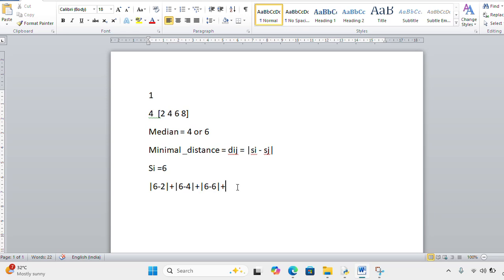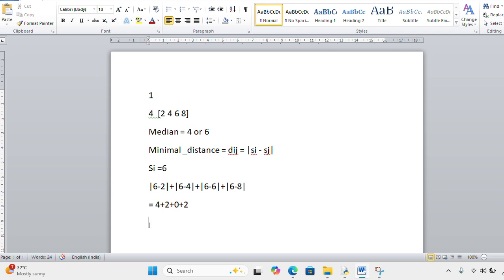plus 6 minus 8. Okay, so let's see what the answer is. 6 minus 2 is 4, plus 6 minus 4 is 2, plus 6 minus 6 is 0, plus 6 minus 8 is minus 2, but we don't have to consider a negative value here, so I am writing 2, which is a non-negative positive value.